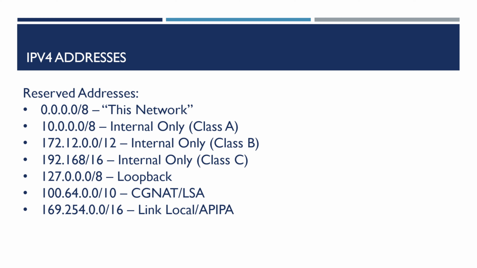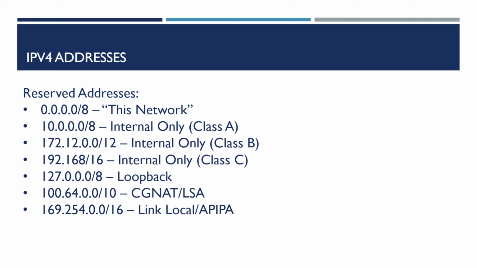169.254.0.0/16 is reserved for link local, or APIPA, which stands for Automatic Private IP Addressing. This is typically what happens if you plug a computer into a network and there's no DHCP server handing out IP addresses.